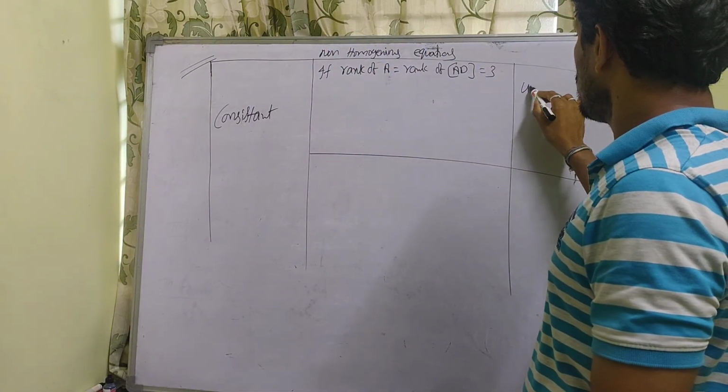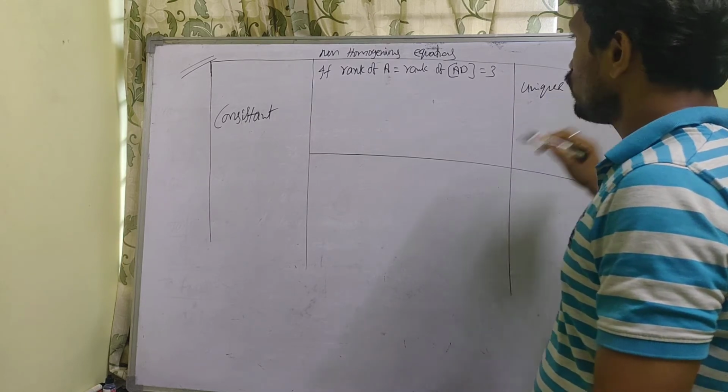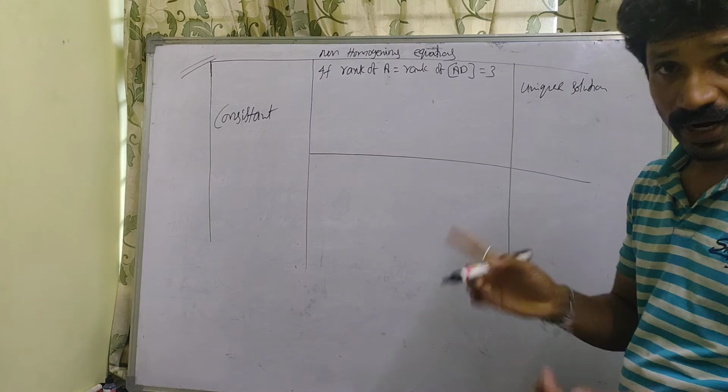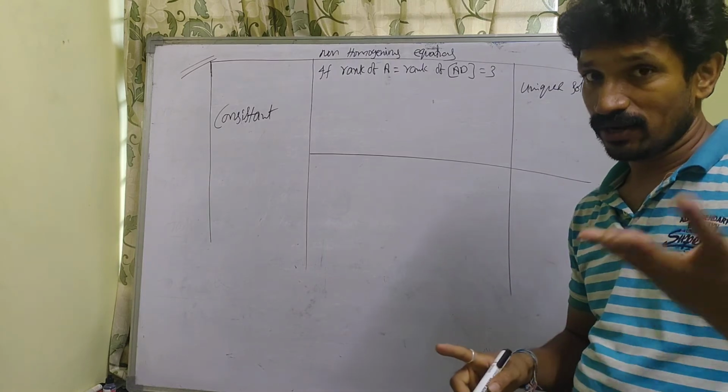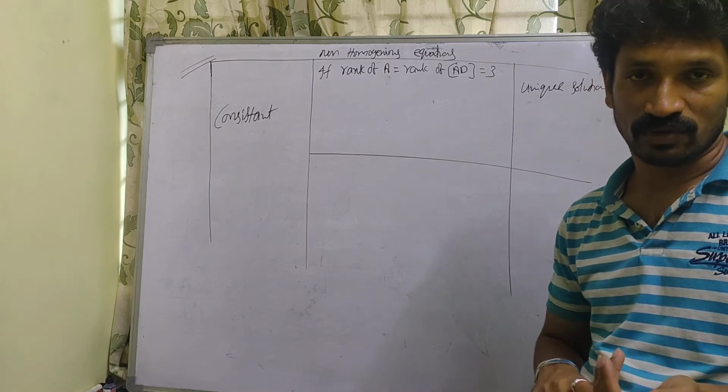It is consistent with a unique solution. We discussed about this one. Actually, this is based on rank, but we explained two more methods, that is Cramer's method and matrix inversion method.